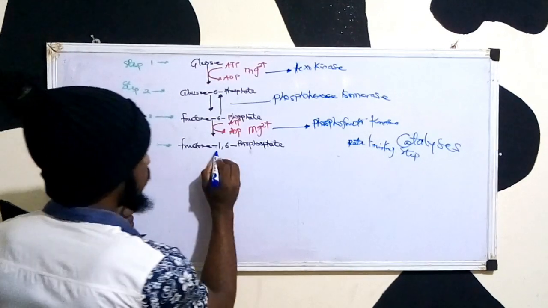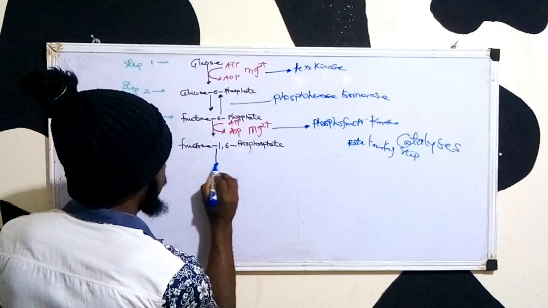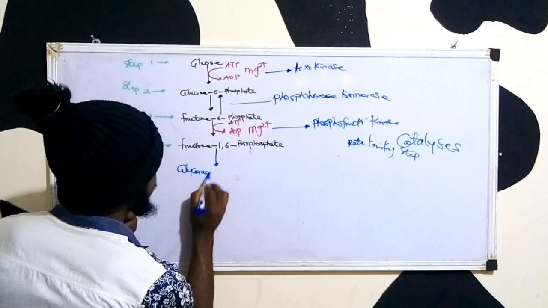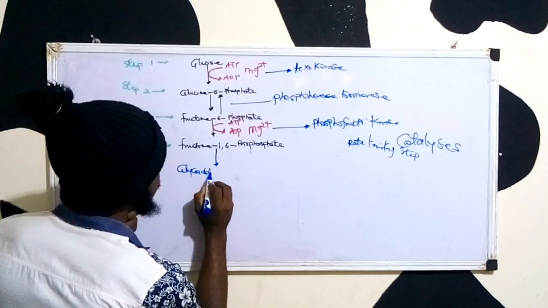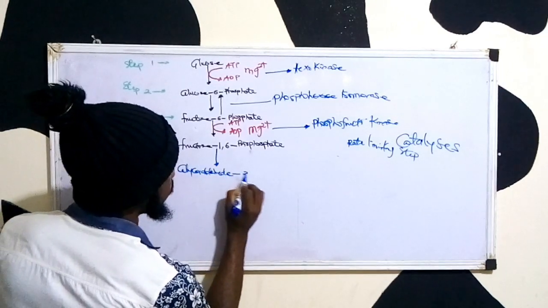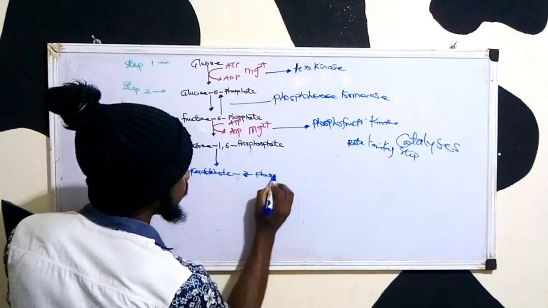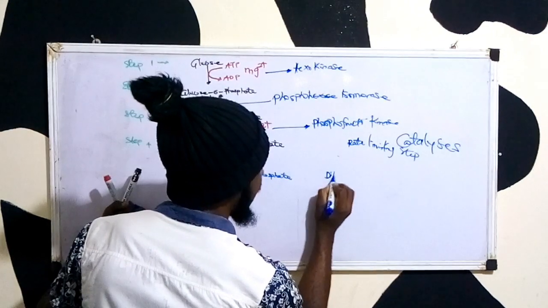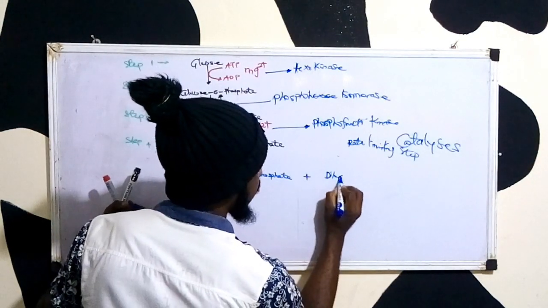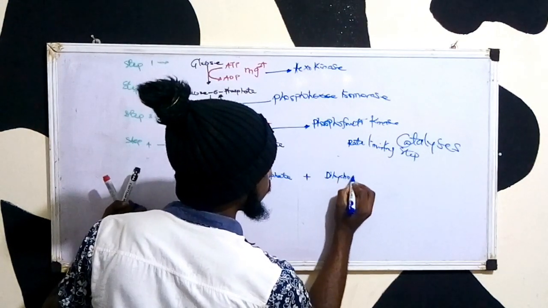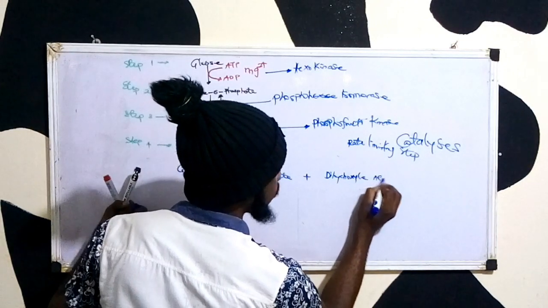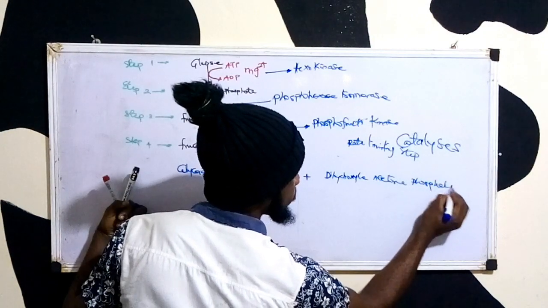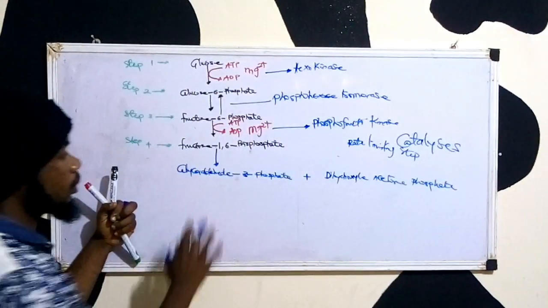Fructose 1,6-bisphosphate here is converted to glyceraldehyde 3-phosphate and dihydroxyacetone phosphate.